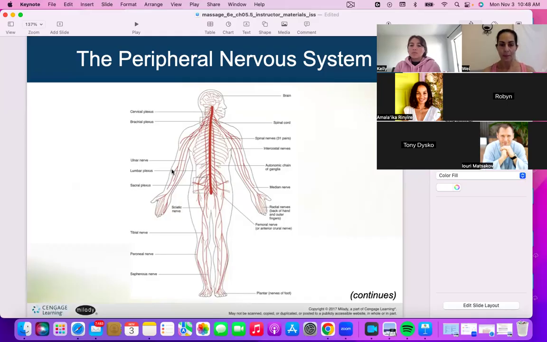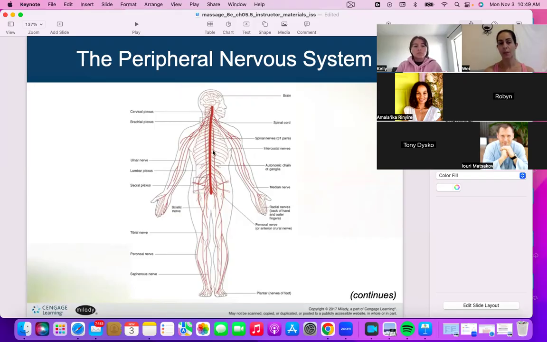All righty. Now we've got the plantar nerve because the plantar surface is on the foot. We've got the femoral nerve close to the femur. Radial nerve, median nerve, the autonomic chain of the ganglia, which we'll talk about in a moment. Intercostal nerves, which are the nerves that connect to the ribs, as you can see.